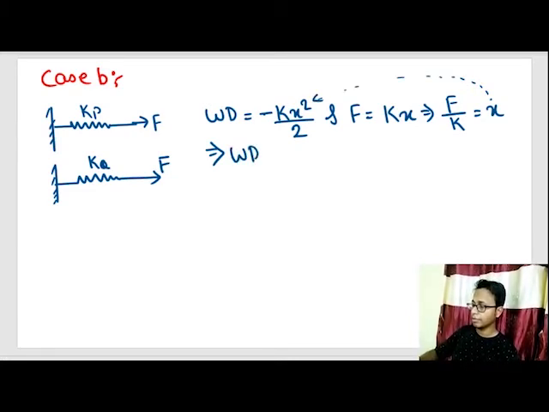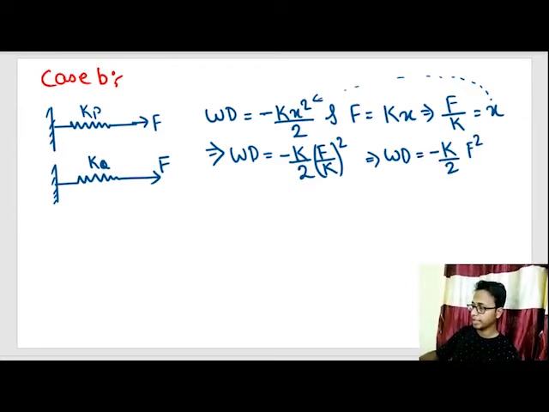So work done becomes minus of k into F by k whole square by 2, or work done is equal to minus of k by 2 into F square by k square. This k and this k get cut, or work done is equal to minus F square by 2k.